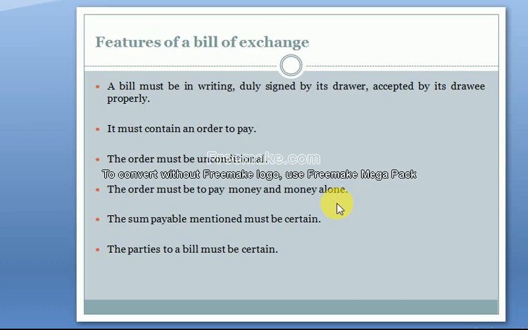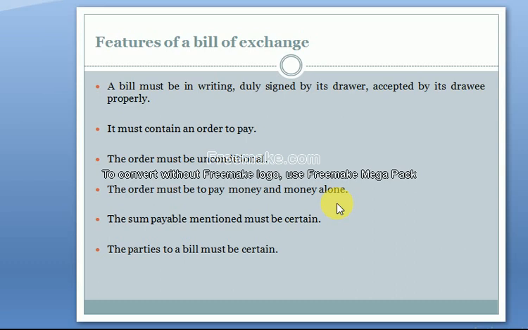So I hope that you will now understand the total scenario of the promissory note and the bill of exchange. Now comes today's topic, the features of the bill of exchange.